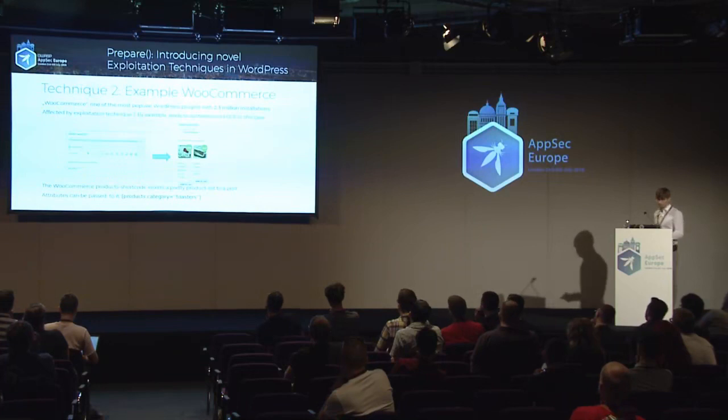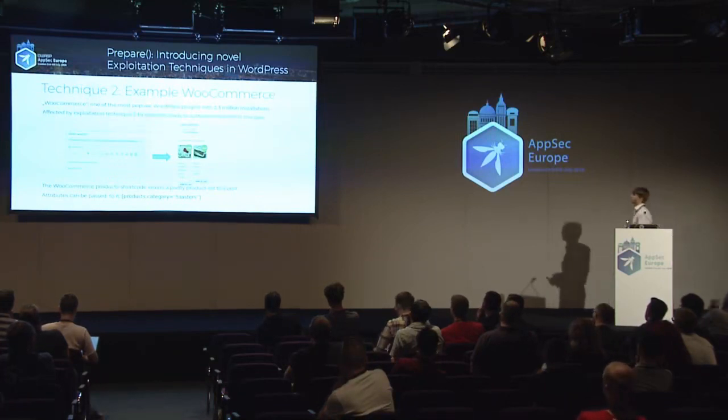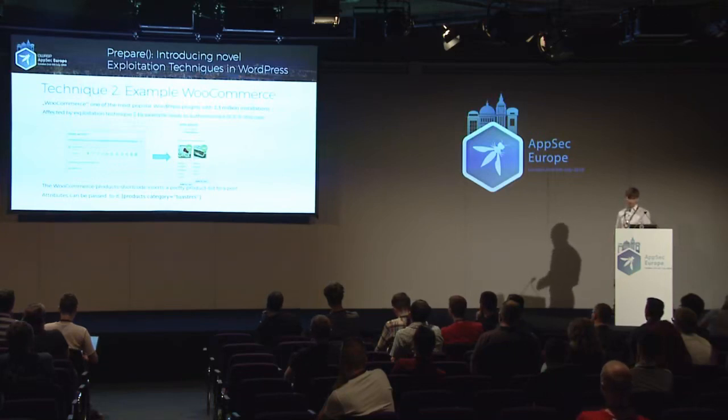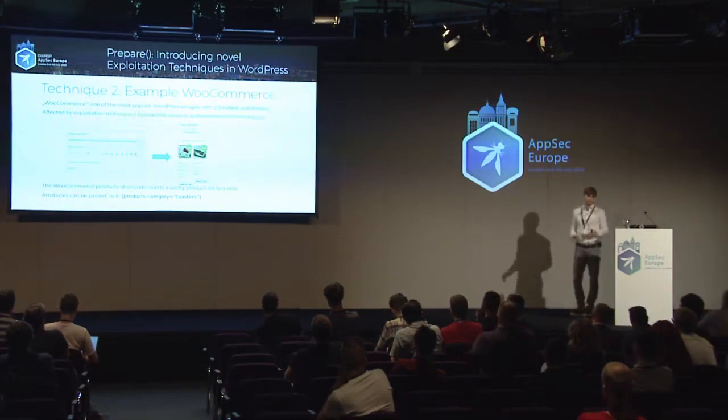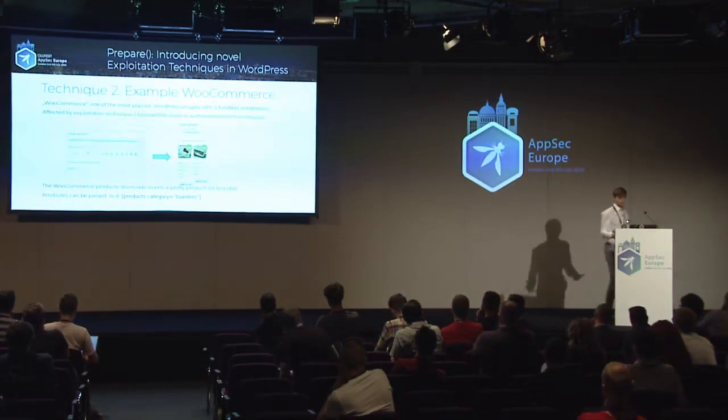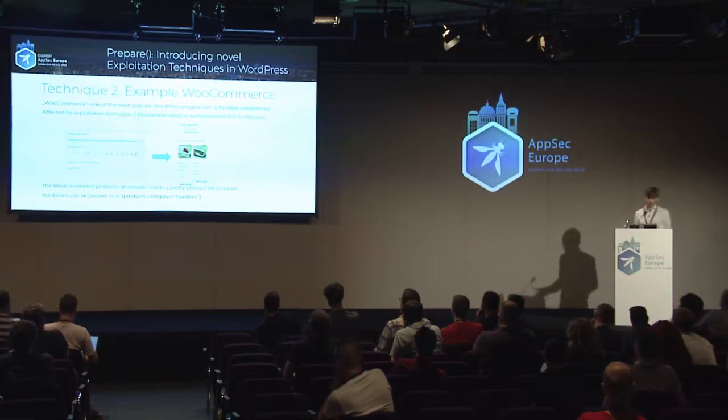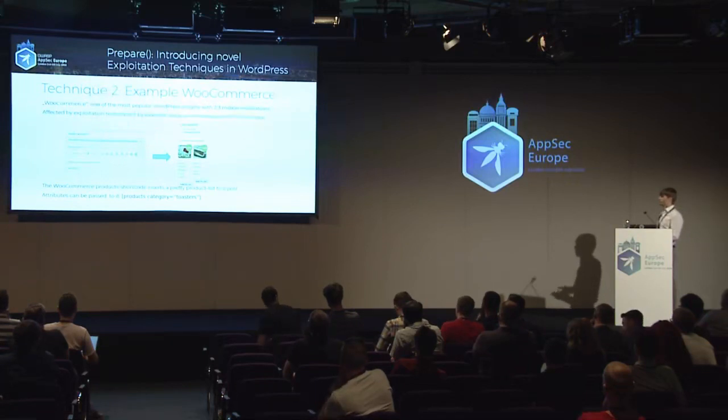So what we're going to look at right now is the actual exploitation technique number 2. This exploitation technique is not only applicable to WooCommerce, but also to a lot of plugins. I've chosen WooCommerce here because it is actually very popular. It has 2.3 million installations, just to show you how large the attack surface really is.